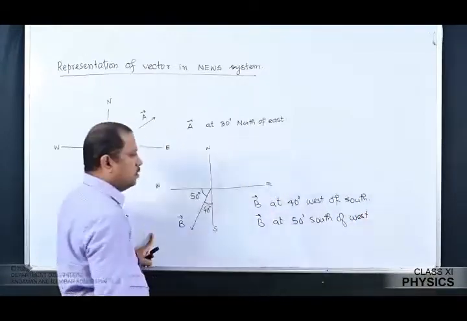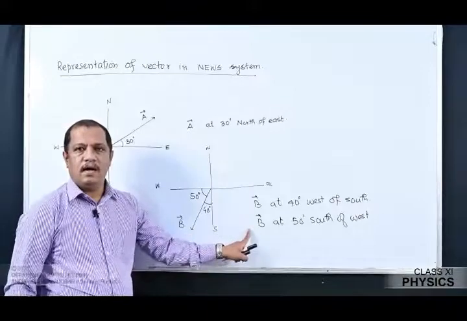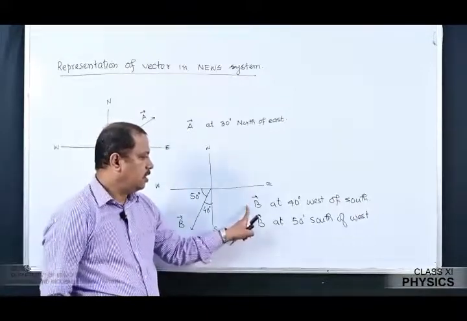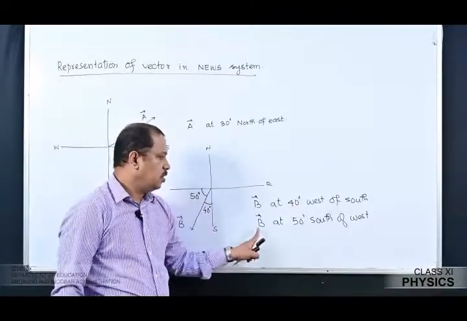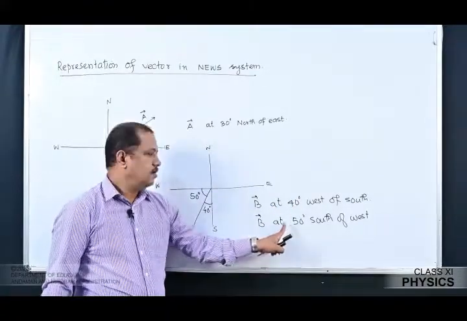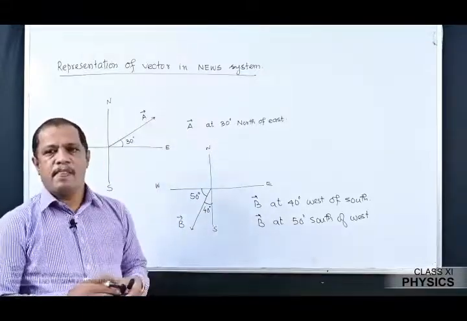Is it? Of course, both ways of representing this vector are correct. We can also say vector B is directed 40 degree west of south, otherwise say vector B is directed at 50 degree south of west. Both are right.